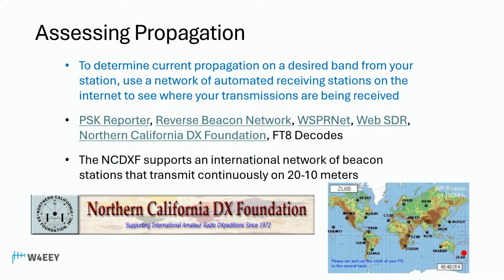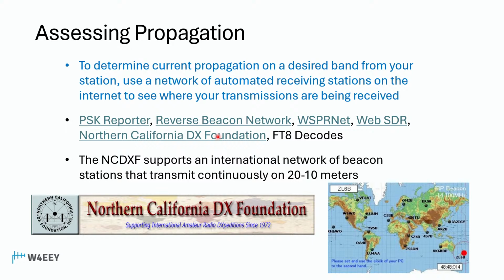There is a trick you can use if you don't know CW and you'd like to access the reverse beacon network. You can set up your radio to send a macro. The reverse beacon network is normally listening for CQ and then a call sign, but the word test is also interpreted as something to record. VVV is typically just a test signal in CW to let people know you're just testing, you're not wanting to call them or anything.